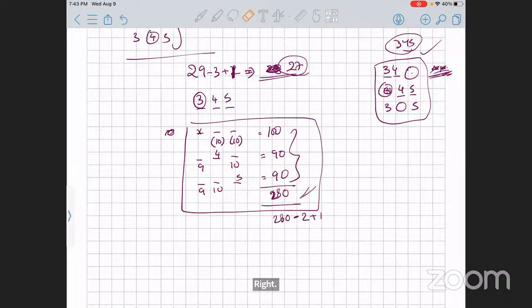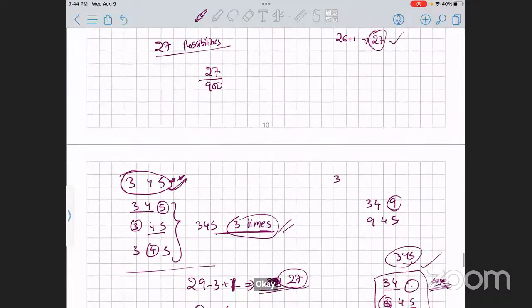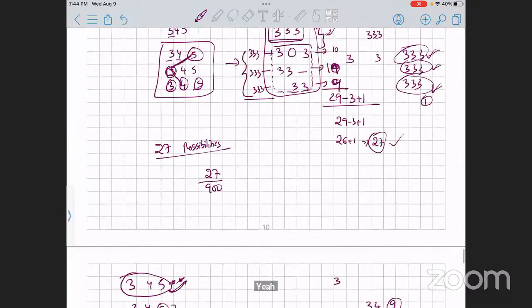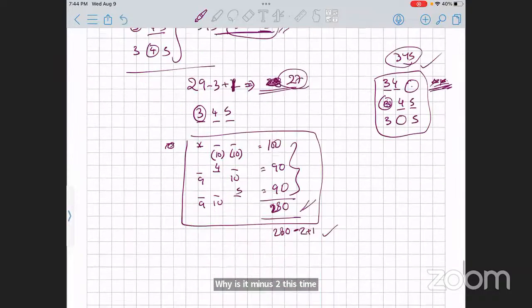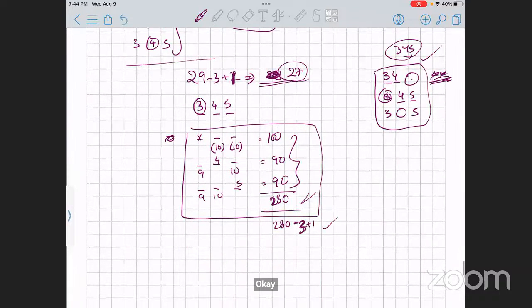Not minus 2 this time, minus 3 only. Minus 300, minus 3 plus 1. Same thing. Clear?